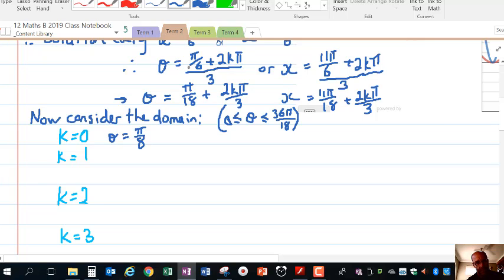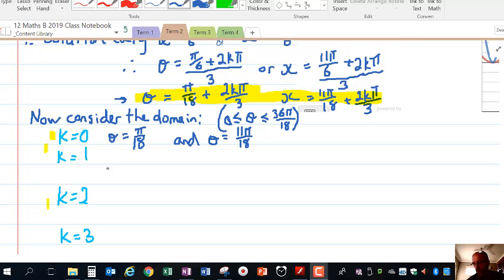Okay, so again we're using this line here, it's key. That line there is really important because it's what we're using to generate solutions as we increase k. So we've got pi on 18 and then we've also got theta equals 11 pi on 18 as well. Now let's make k equal to 1. So again, that yellow line of working there, k is going to be equal to 1.